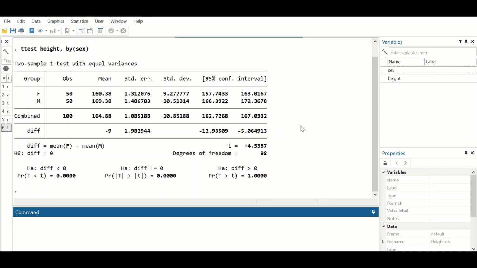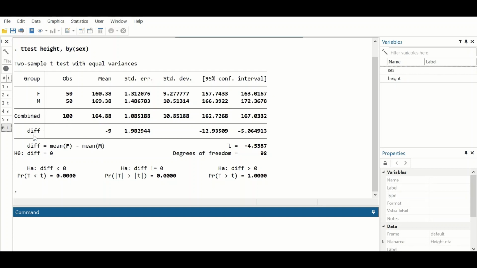So this confirms that there is a difference between the height of males compared to females, and the males are taller than females, or the females are shorter than the males, and this observation is statistically significant as confirmed by the 95% confidence interval.